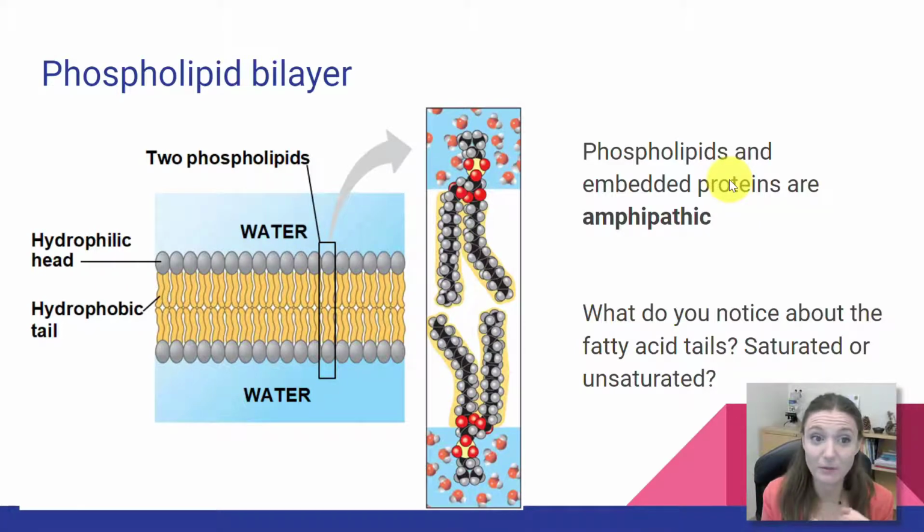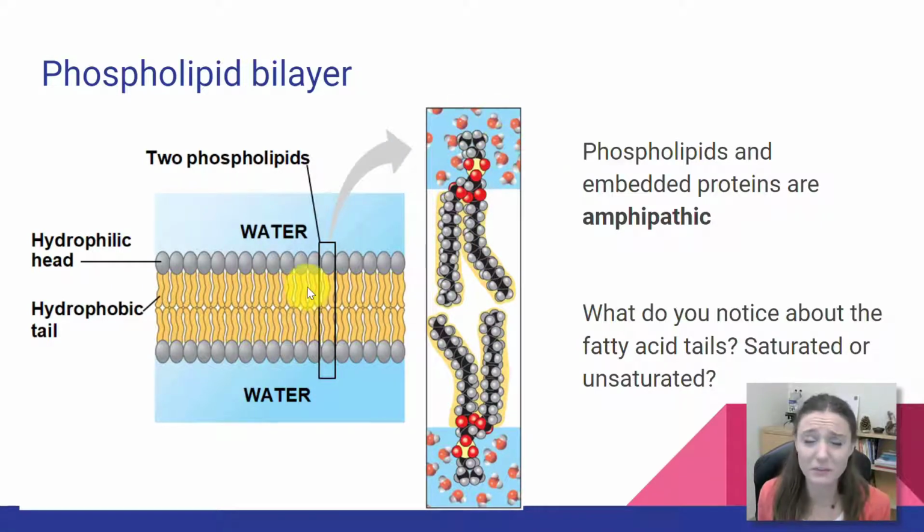They have their hydrophobic life, which is in these fatty acid tails right here. Those carbon-hydrogen chains are very nonpolar, very hydrophobic. Then they have their hydrophilic life. They have their phosphate head up here, which is a very negatively charged functional group, so it's very polar. So it likes to interact with water, it's very hydrophilic.